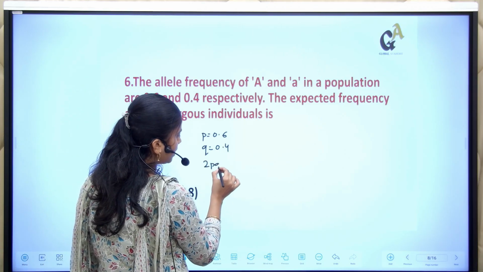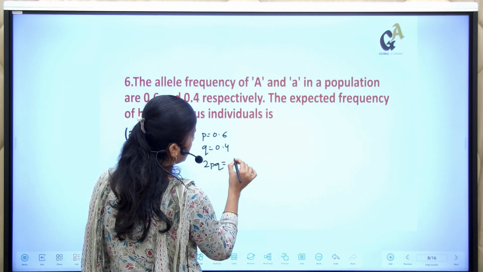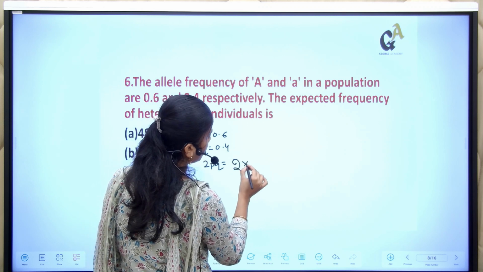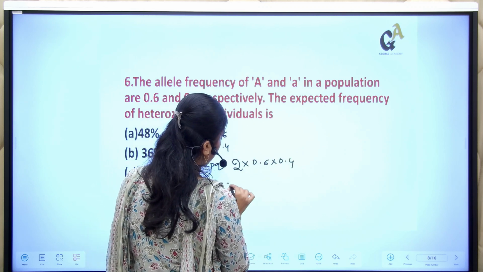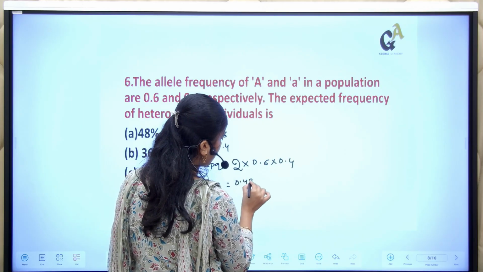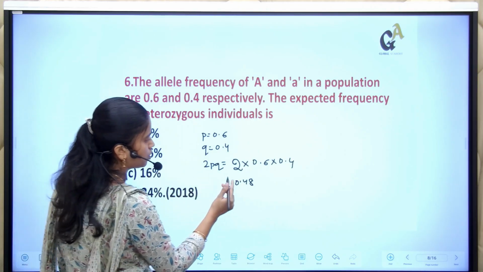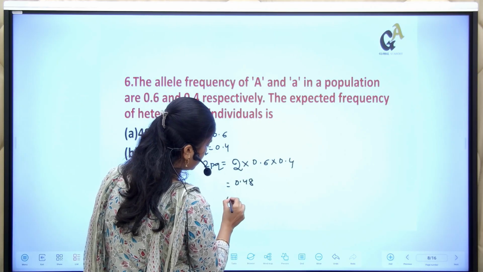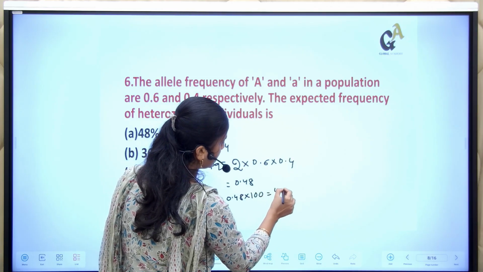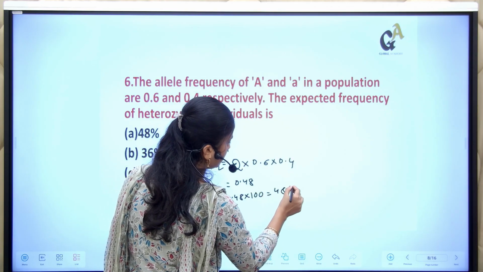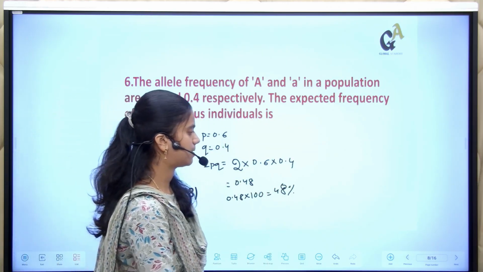So 2PQ is the frequency of heterozygous individuals, that is 2 into 0.6 into 0.4. The answer will be 0.48. But all our answers are in terms of percentage, so take 0.48 into 100, that is 48 percent. Option A is the right answer.